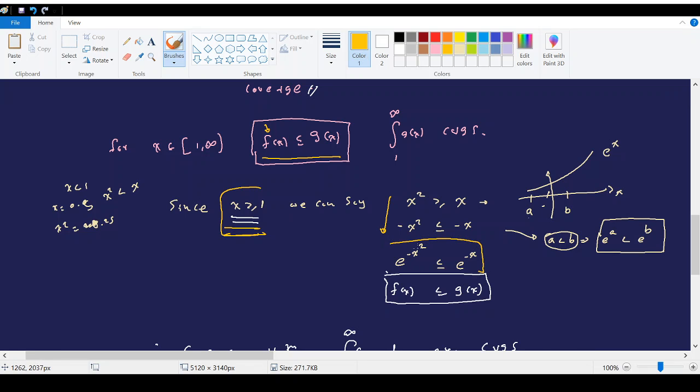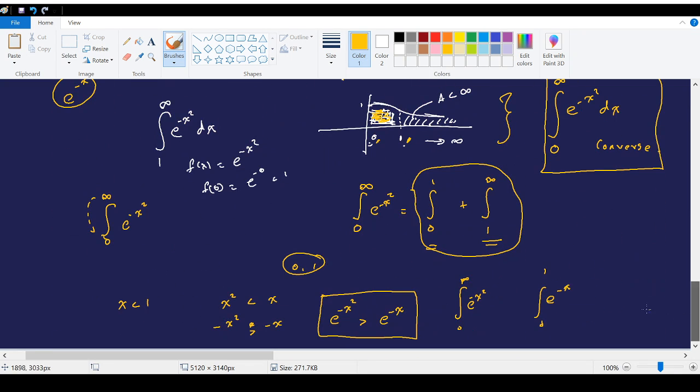Here e to the power negative x squared is less, but here e to the power negative x squared is greater. So that's the reason for not taking the complete range from 0 to infinity when evaluating the convergence of this integral.